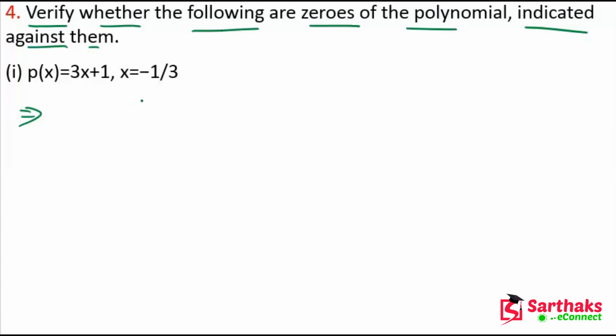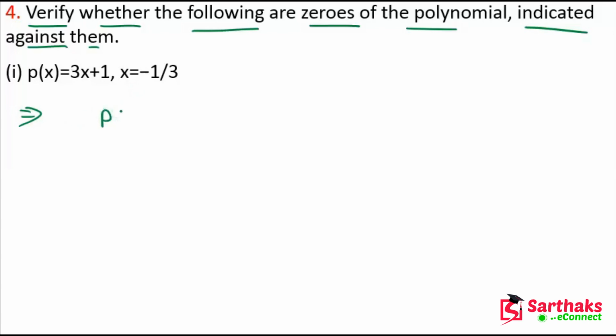So my dear friends, after putting the value of x in this equation, if this polynomial becomes 0, then we can say that the value of x is a zero of the polynomial.